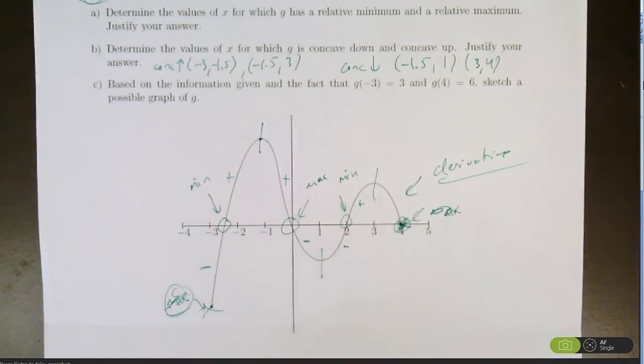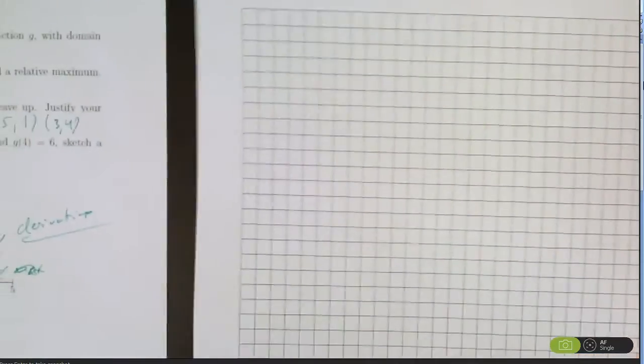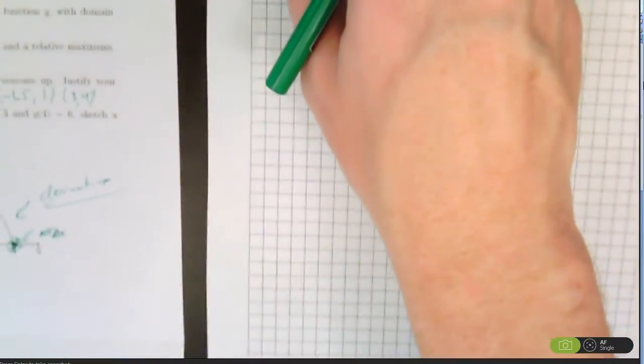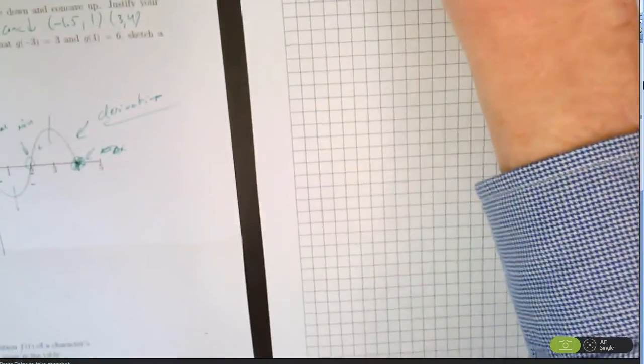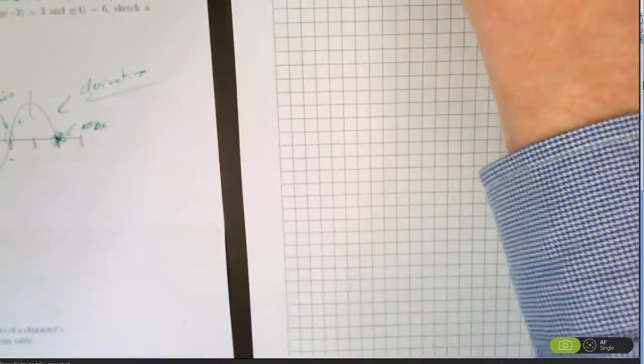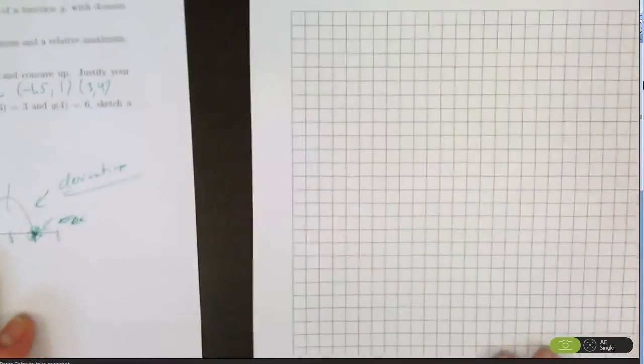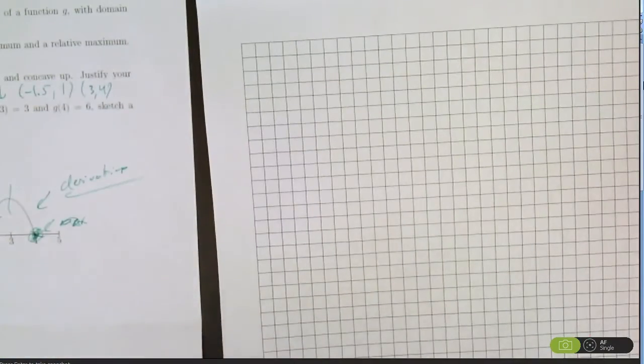Now, here is probably what might be the hardest part for this one. You are given this information, and you must create a graph now. I'm going to just kind of zoom out a little bit. Actually, I'll do this.